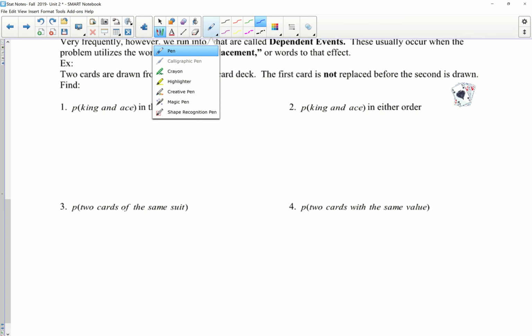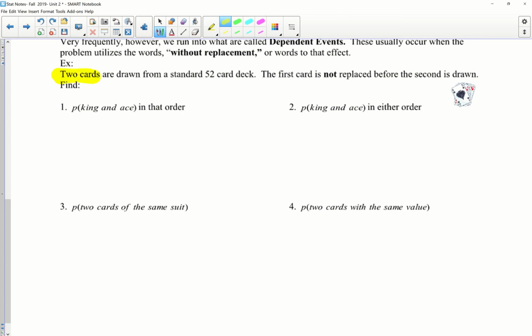However you flag your notes, I would flag this, highlighter, whatever. 2 cards. Because for the other questions, it was a single card is drawn. This one is 2 cards are drawn. All right, multiple events.